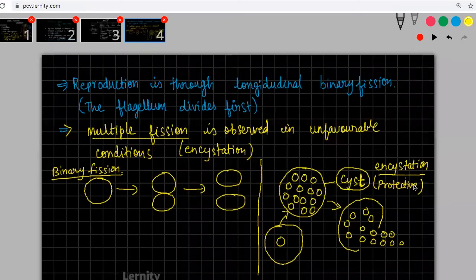It can withstand without getting affected. If some rain comes and the water stagnates, the cyst will break open and release the organisms. The organisms will be there as long as the water is there. Once again, it can be there.